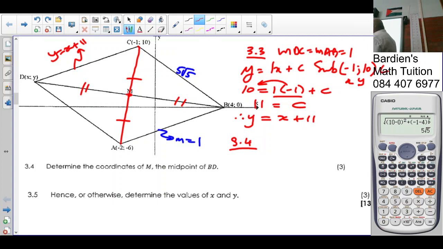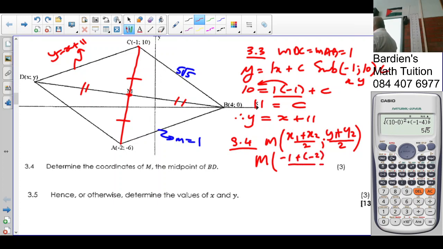So, for M, it's going to be x1 plus x2 over 2, y1 plus y2 over 2. So that will give us -1 plus -2 over 2.